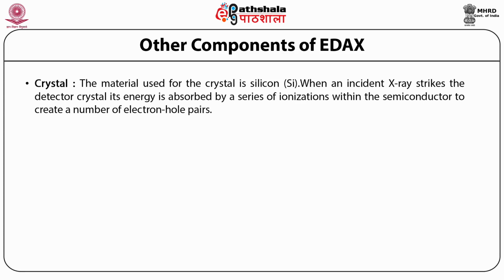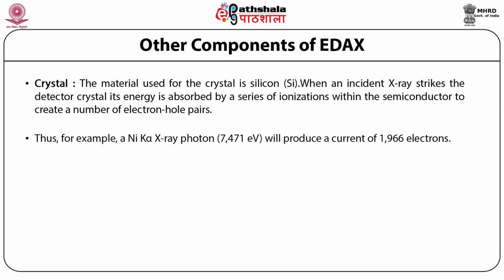When an incident X-ray strikes the detector crystal, its energy is absorbed by a series of ionizations within the semiconductor to create a number of electron hole pairs. An electron hole pair is created for every 3.76 electron volts of incoming X-ray energy.